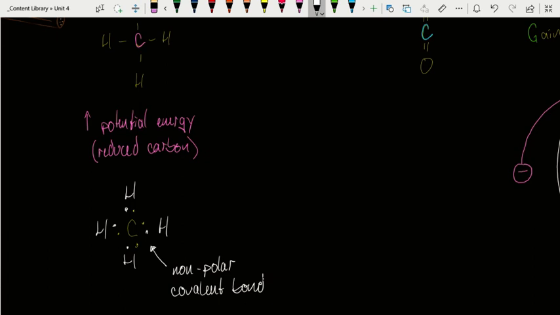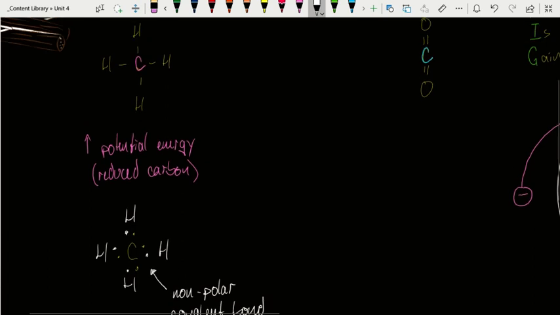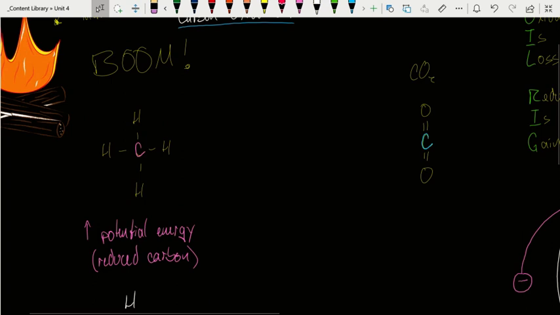But if we contrast that with a bond between carbon and oxygen, we know that oxygen has a greater pull on those electrons. Oxygen has a higher electronegativity and is essentially pulling that electron away from carbon. So with that as our background, what if we were to oxidize one of the 4 electrons on this methane?